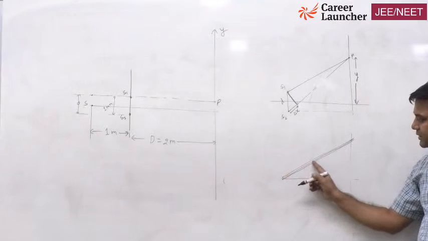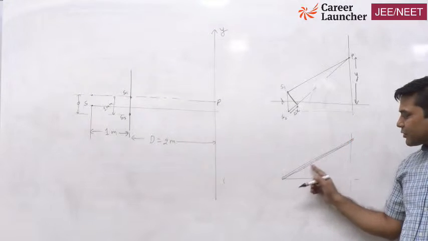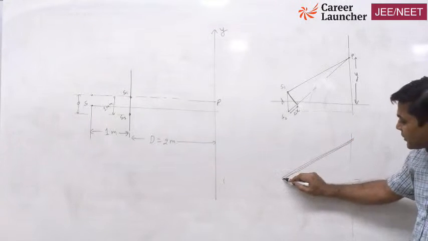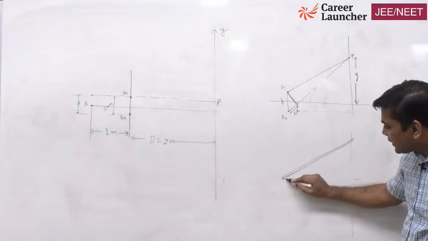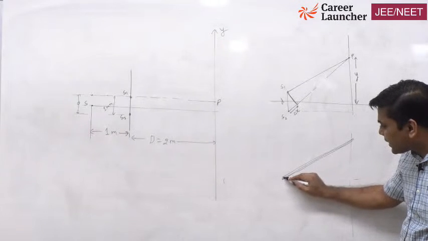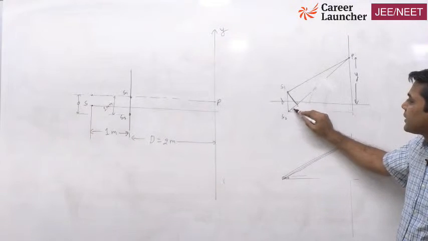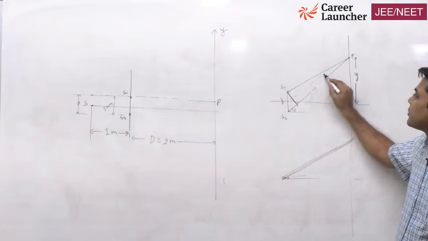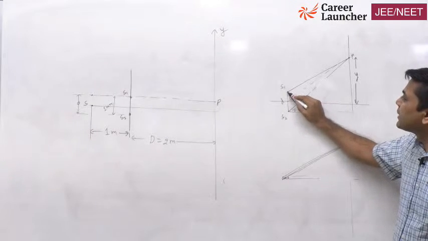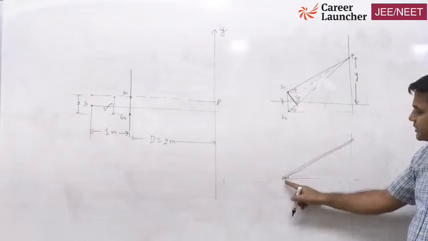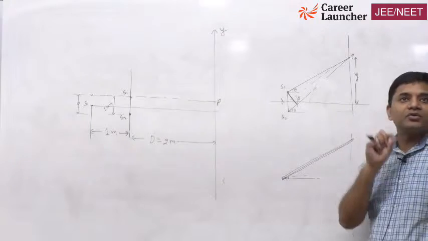The third one is the center line. I cannot draw the straight line because it's very difficult for me. So here you can have a look that if this angle is theta, this will be theta, and this will also be theta. All these angles will be theta, because they are very, very close to each other.